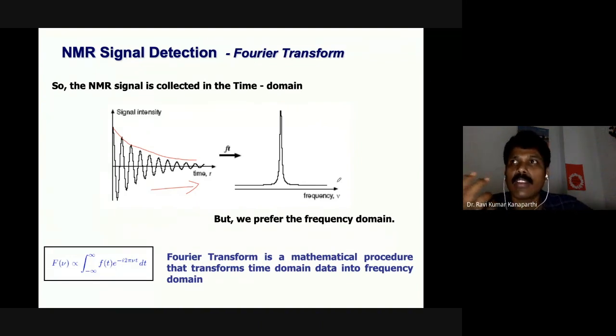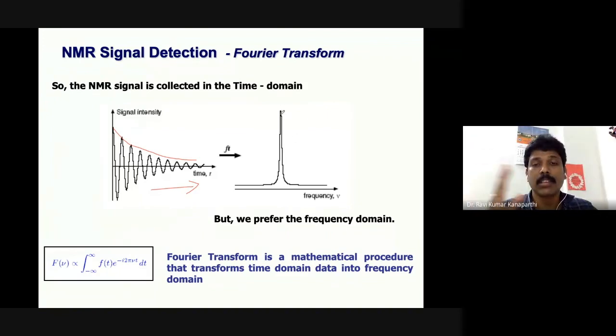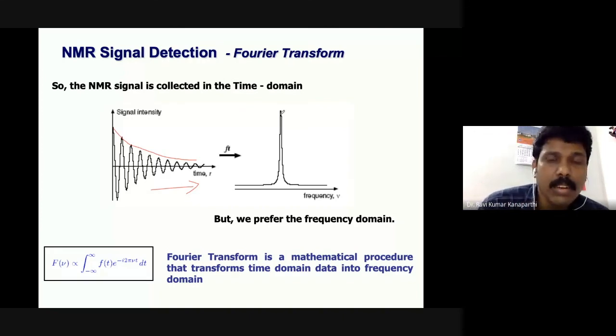It is a small software tool that is already embedded, so it automatically converts into frequency. Depending upon where exactly the frequency signal is observed, we can interpret that information as the nature of the nuclei we are studying. So this is the overall process of NMR signal recording.